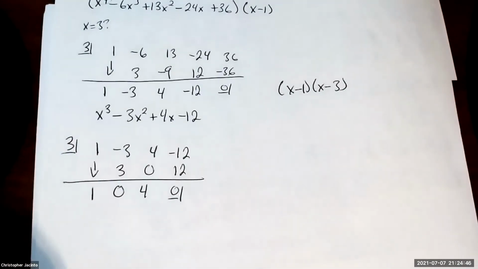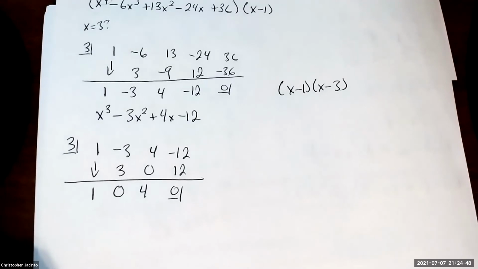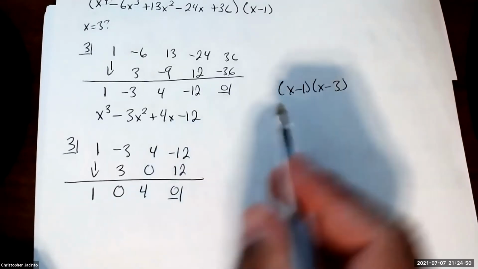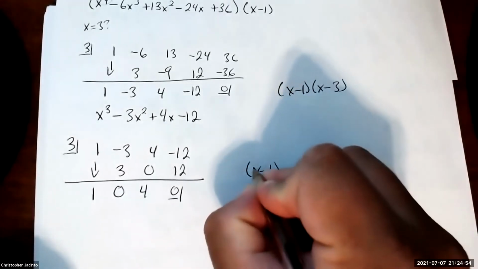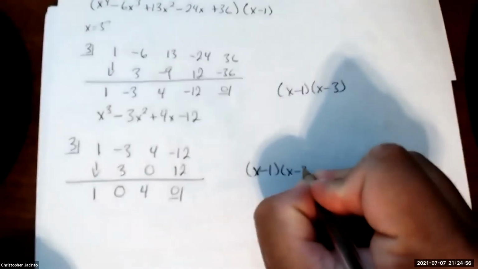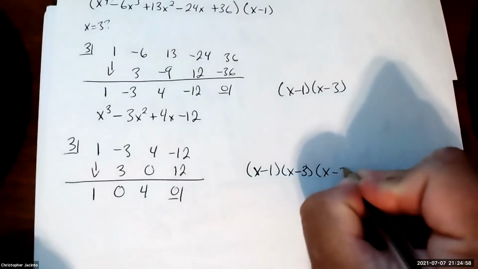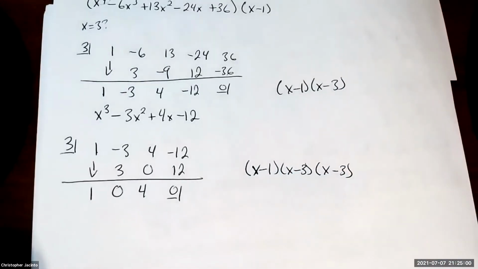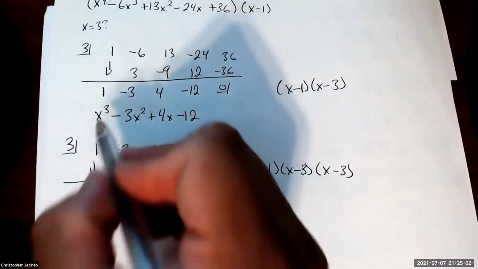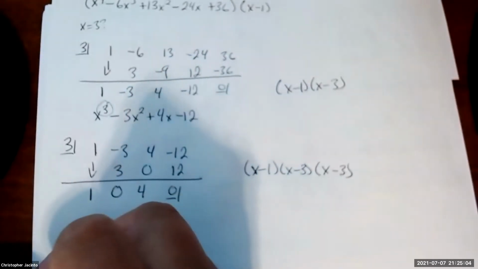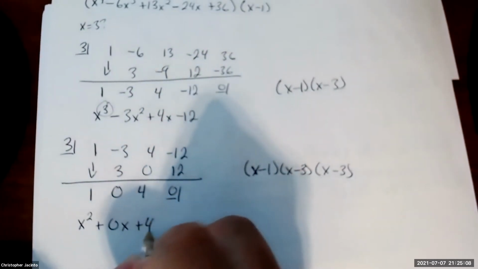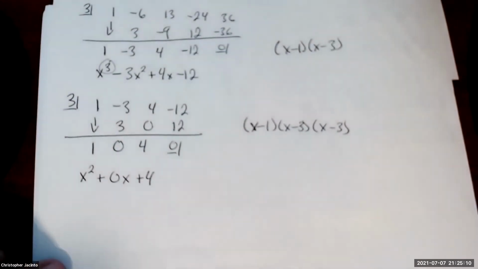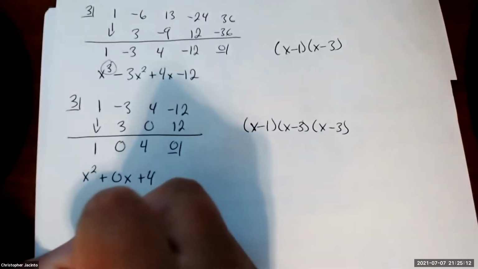You're probably already cussing at it, because you'd probably never have thought about that. So this does actually work again. So we have x minus 1, x minus 3 from the first one, and then another x minus 3. And what's left over, since we started with x cubed, is x squared plus 0x plus 4, or just x squared plus 4.